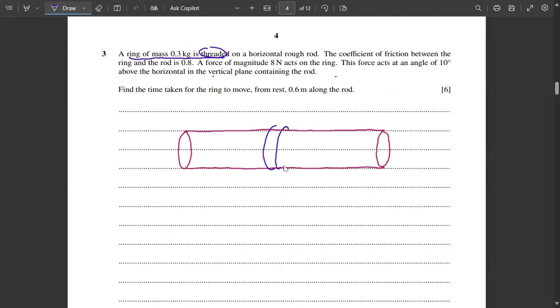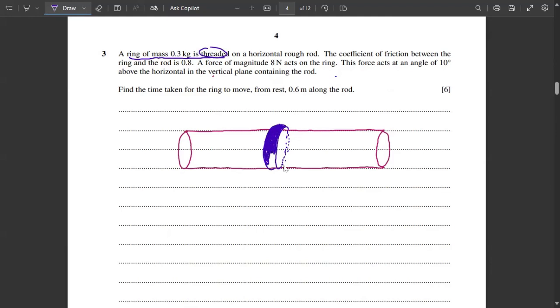So think of this as a ring. Let me draw it here. The shaded region is what you can see.